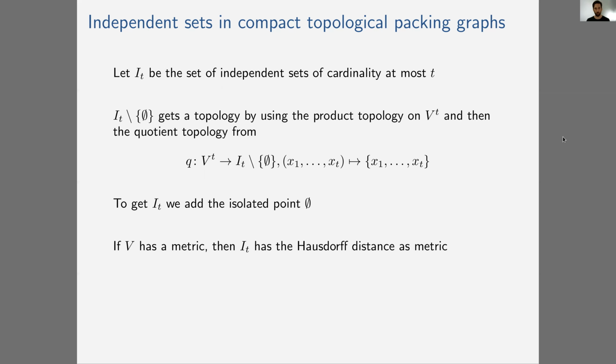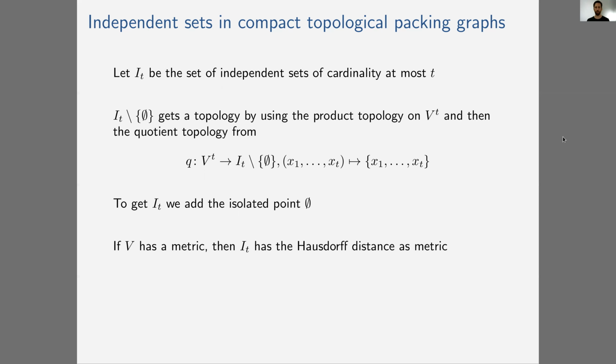And if you have a metric on V, then this is actually the Hausdorff distance that you get on this space. What does that mean? It means that two sets of points are close in this topology if for any point in one of these sets, there's a point in the other set nearby. Normally, if you just consider subsets, sets of different cardinality can be close to each other.